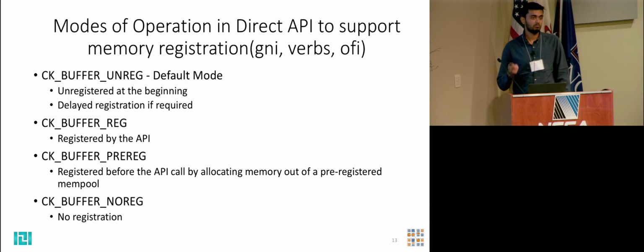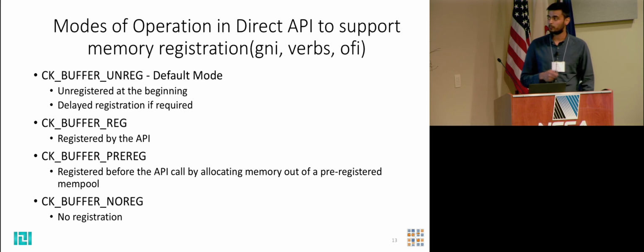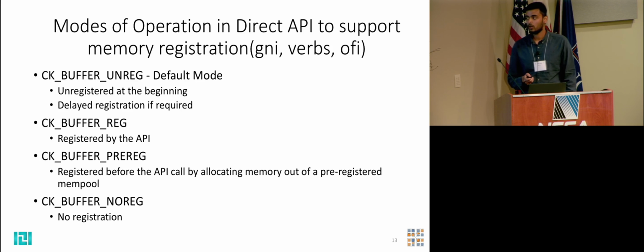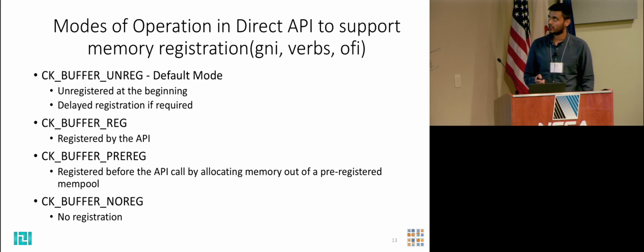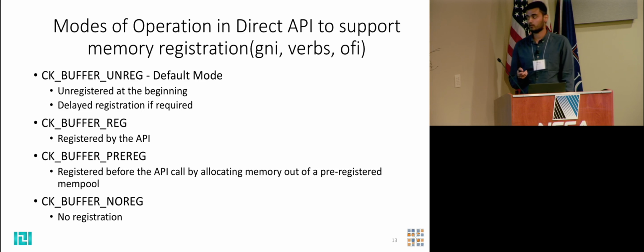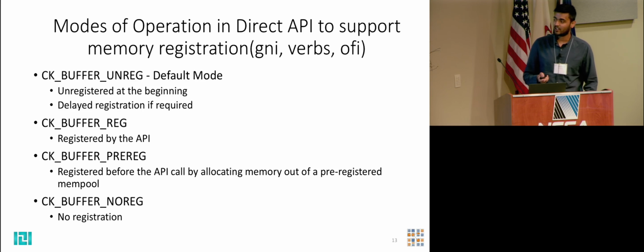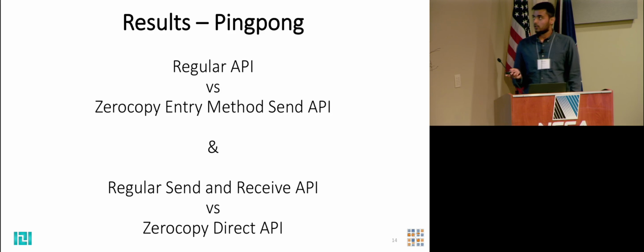That way you can save on the registration as well as the allocation because it's already pre-allocated and pre-registered. So all you're doing is getting chunks of pre-registered pinned memory. And then a no-reg mode, which is just for specifying the buffer information without dealing with any kind of registration at all.